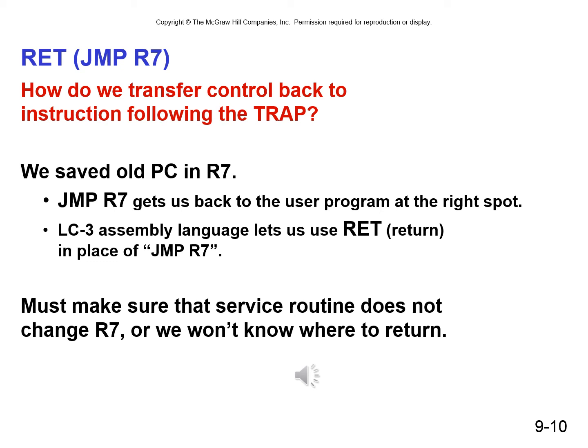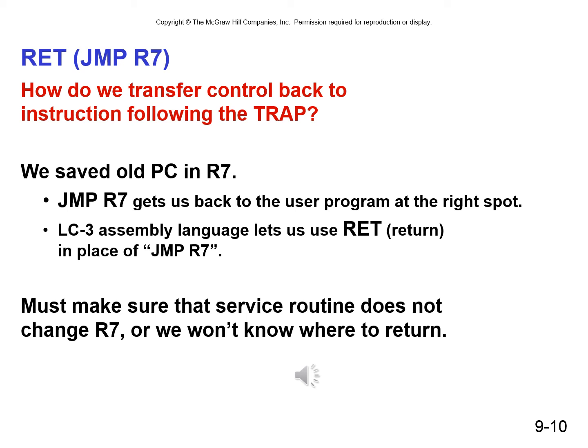So here we're covering the linkage back, which is the return. LC3 assembly language lets us use the mnemonic return in place of a jump R7. Jump allows us to jump to an address stored in any of the registers, but return is a hard-coded jump R7.